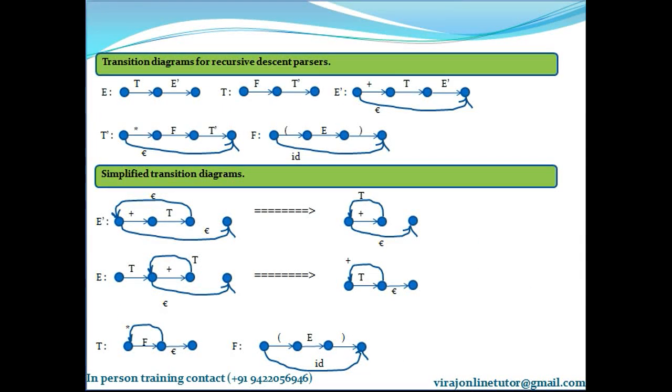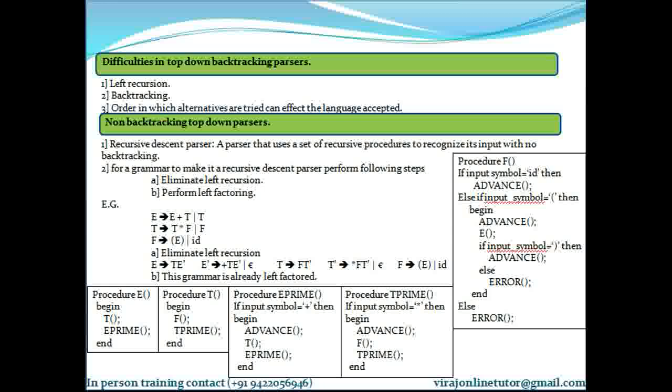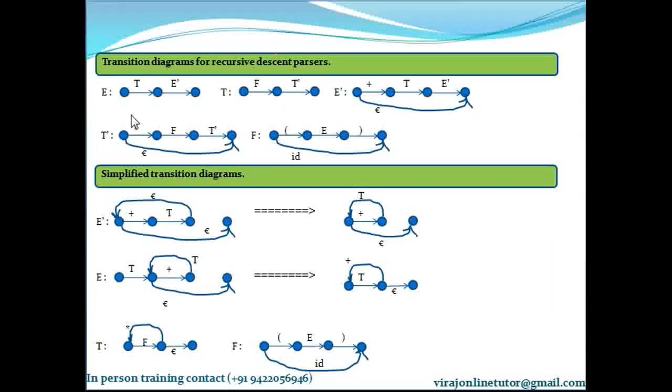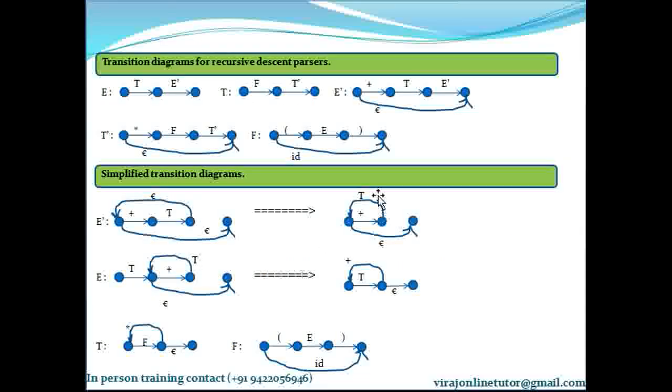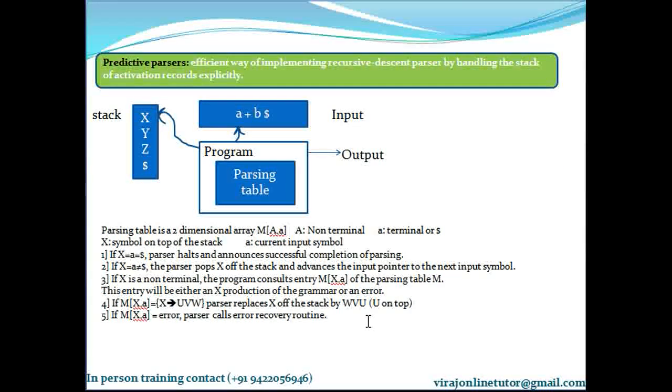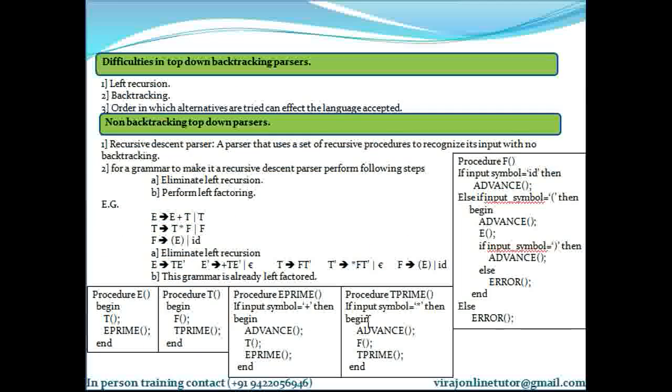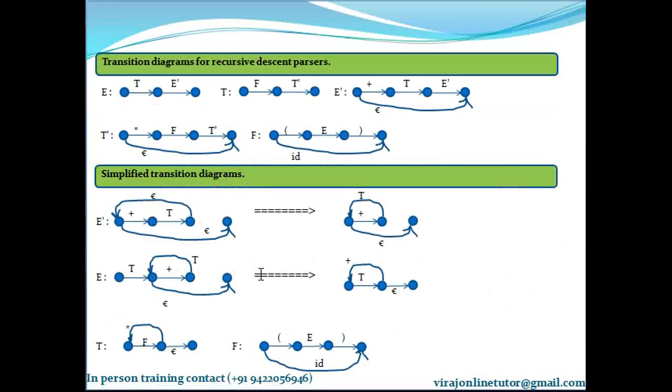So these are the transition diagrams for the recursive descent parser that I have just explained to you all. It's very easy. See, E gives T E dash. T gives F T dash.